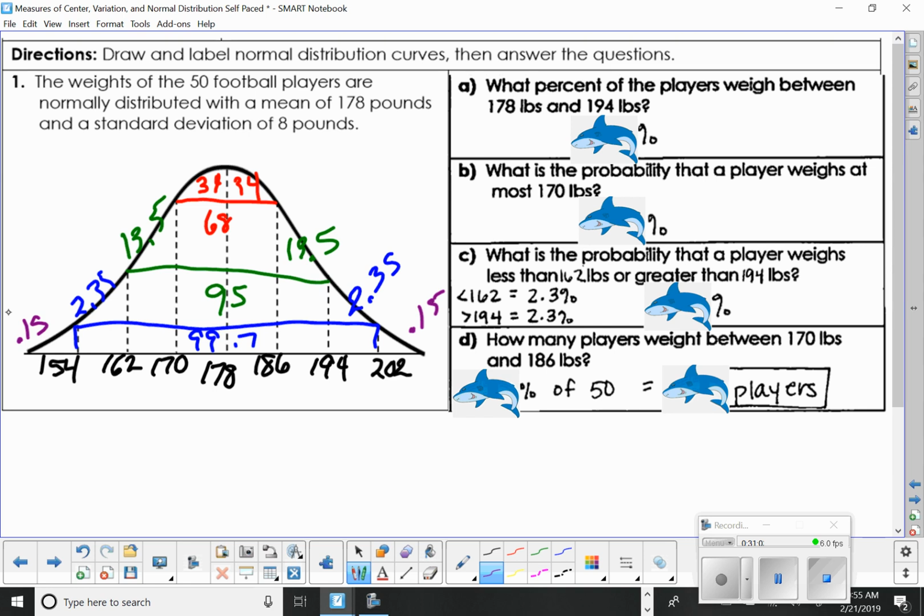So, what percent of players weigh between 178 and 194? That's 34 plus 13.5, which gives me 47.5%.